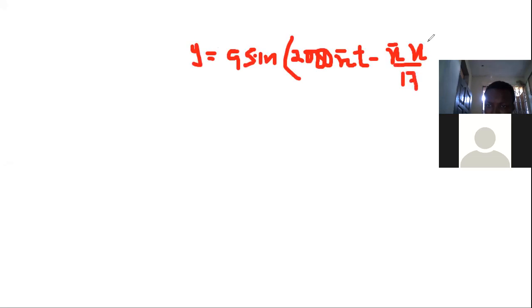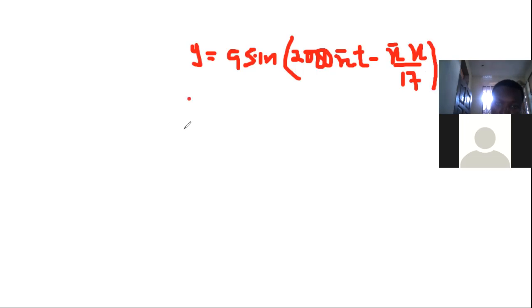When you are given something like this, you compare it to the main progressive wave equation. When it is positive, you compare it to the positive one. This is negative, so you compare it to the negative one.